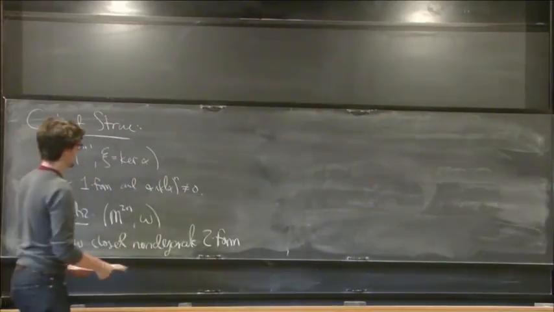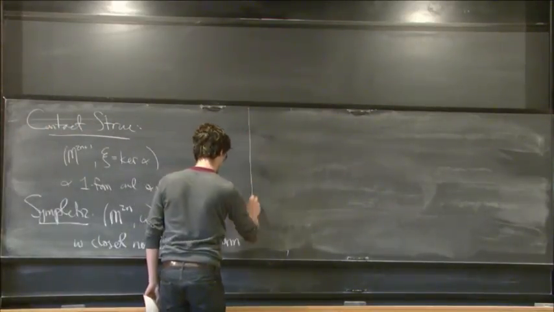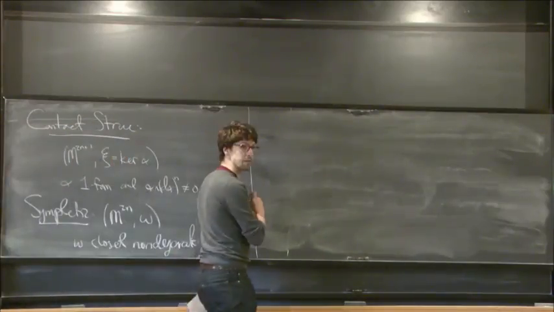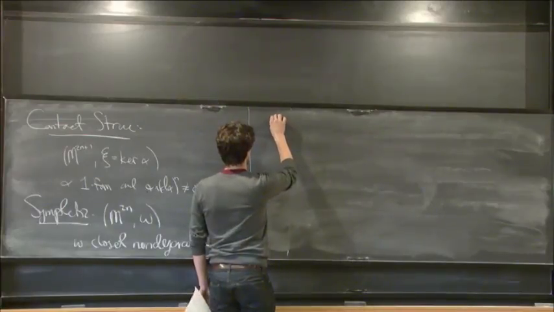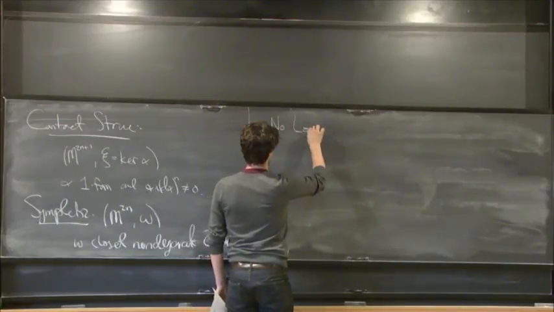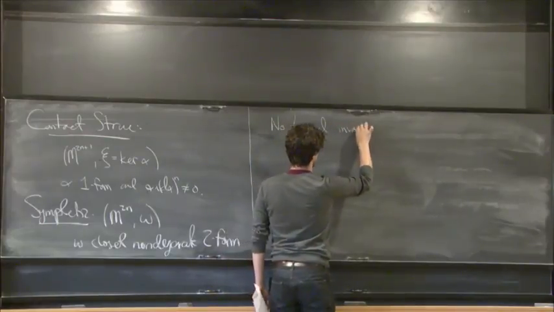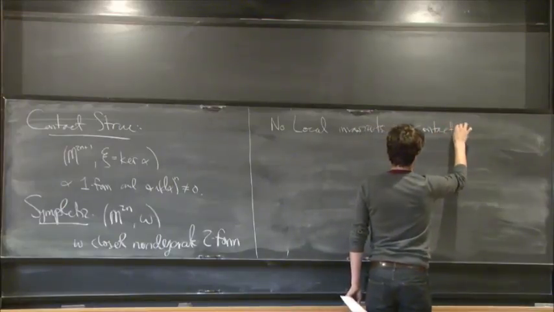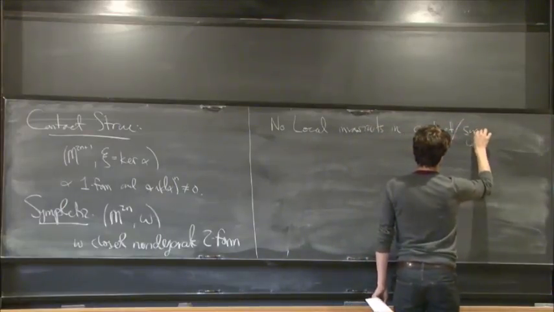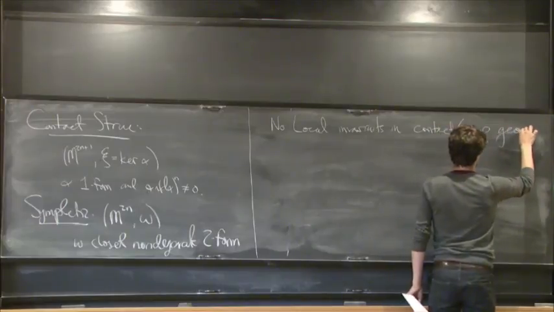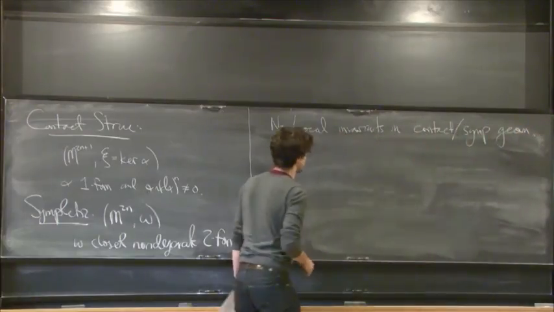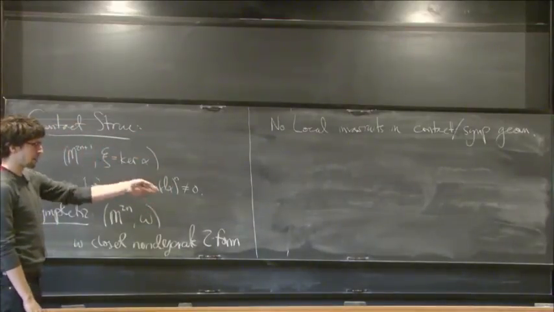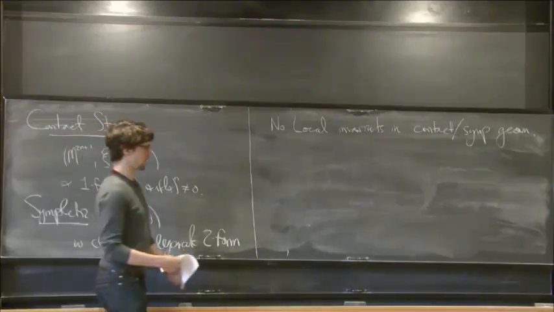So examples. These structures are very flexible, in that you have the following fact, that there's no local invariance in contact and symplectic geometry. What I mean by that is that we have the following local models: any symplectic manifold or any contact manifold will be isomorphic to the following forms.